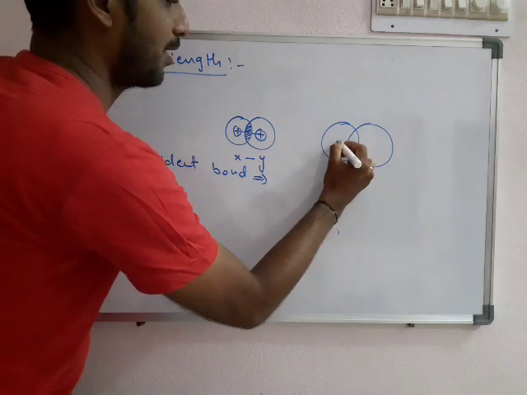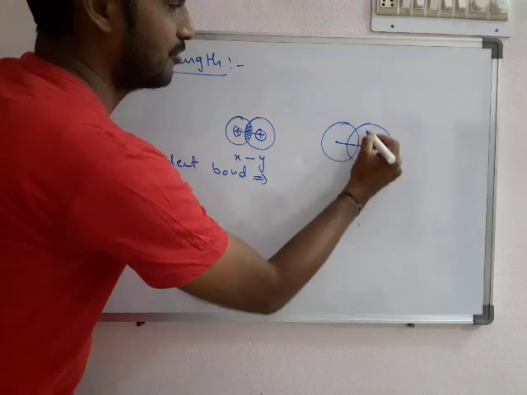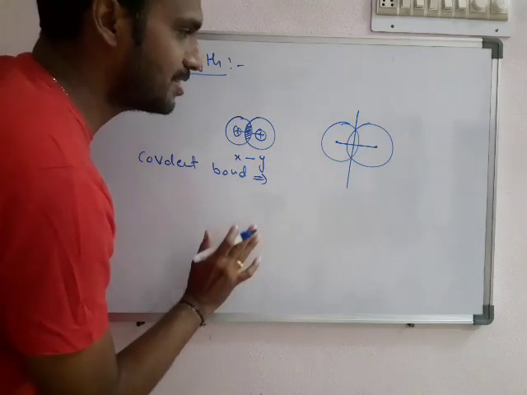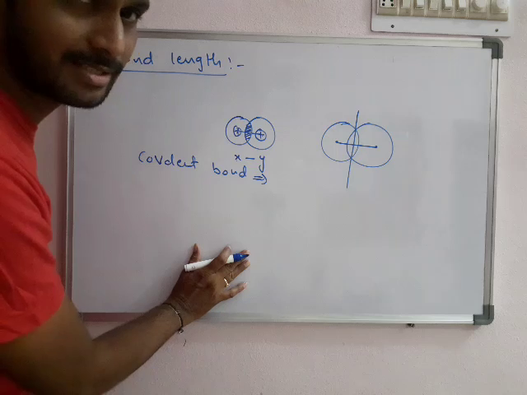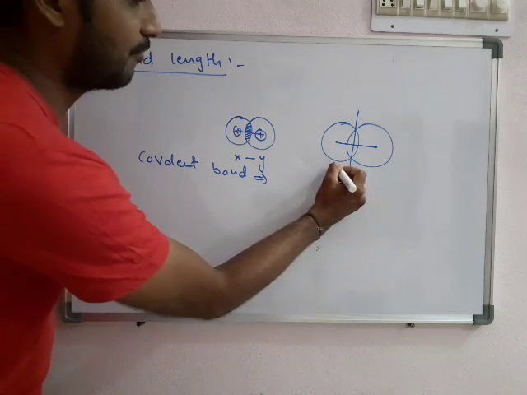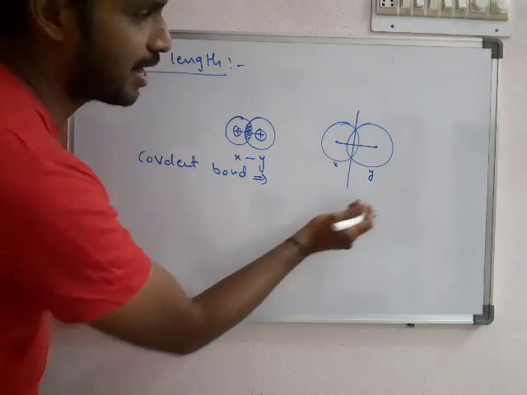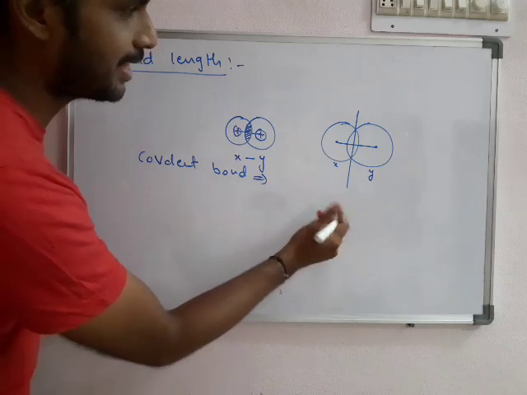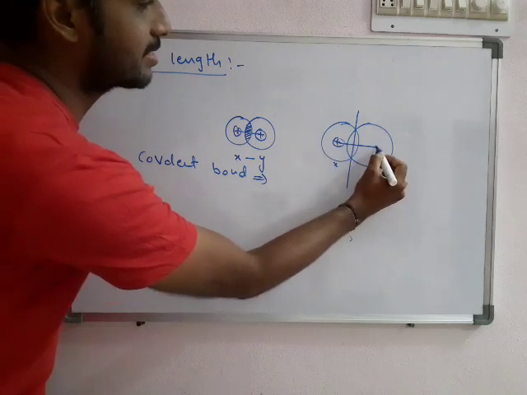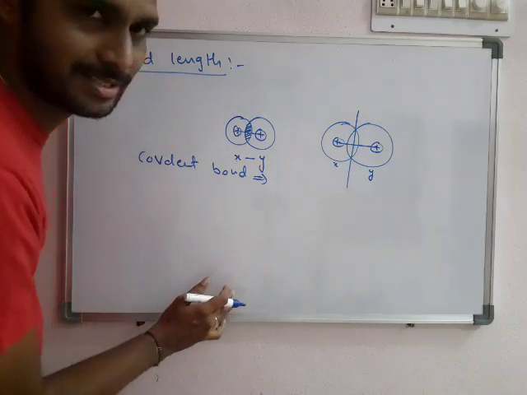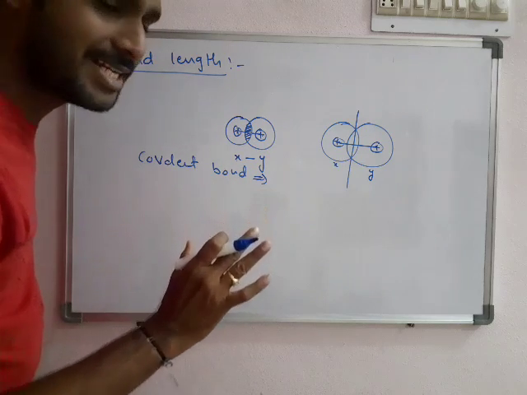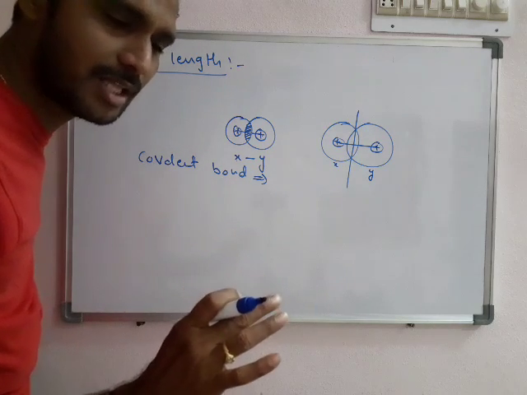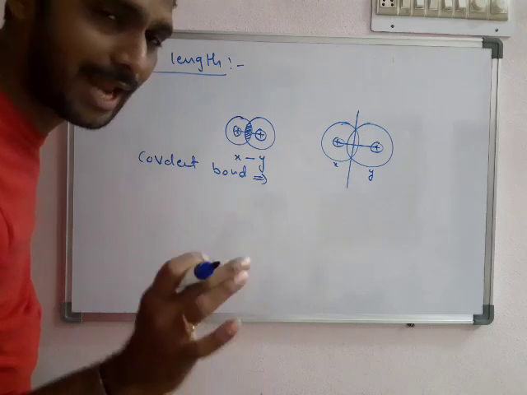This is the covalent bond, the distance between the nuclei, and half of it is treated as the covalent radius. This is the radius of one atom, this is the radius of another atom, and by combining these two we get the distance between the two nuclei.